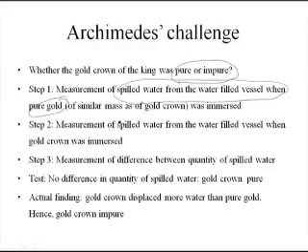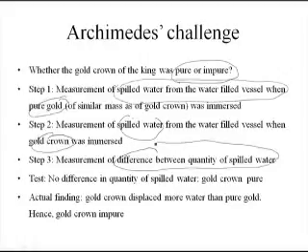In the second step, he again measured the spilled water by immersing the gold crown, and he took the difference of the spilled water. That was the test of purity or impurity.